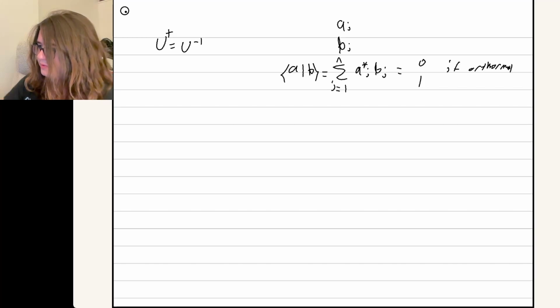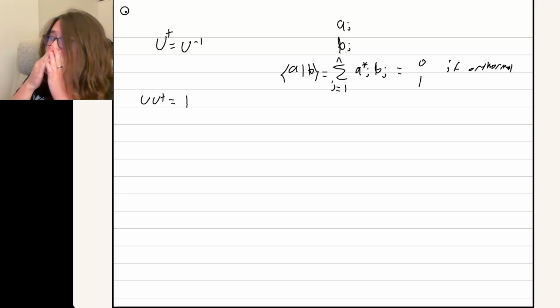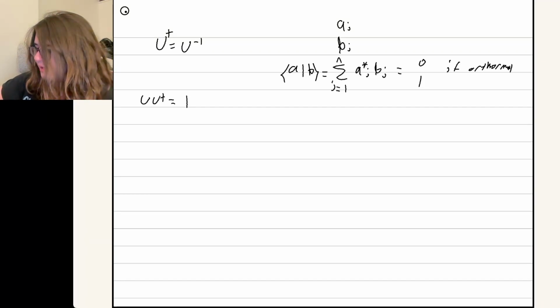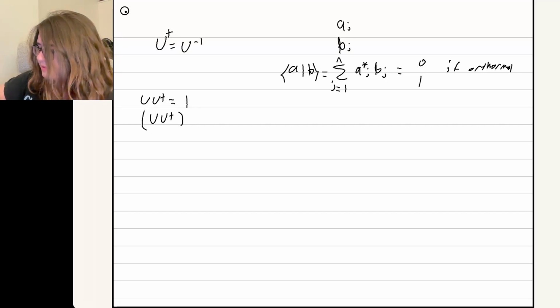U dagger equals U inverse, that's cool, but another way to write that is that U times U dagger is equal to the identity matrix, because the U dagger will be equal to its inverse. So the product of the two will be the identity matrix. And then Griffiths had a way of writing the identity matrix in the chapter where he indexed it with a delta sub ik.